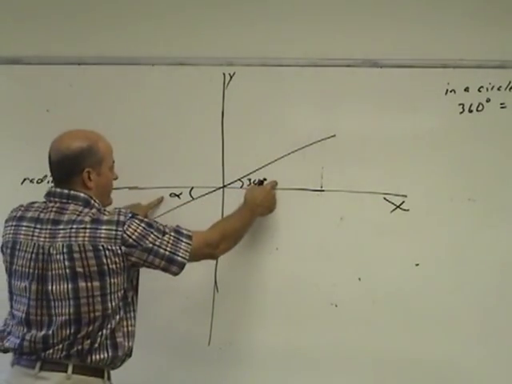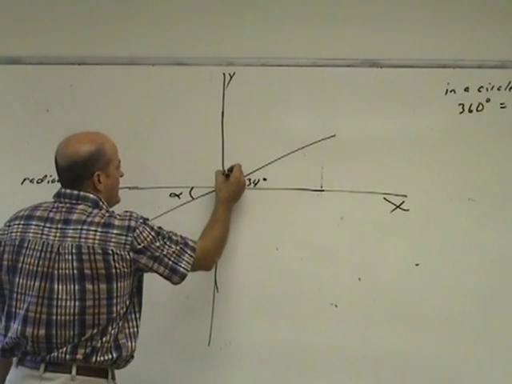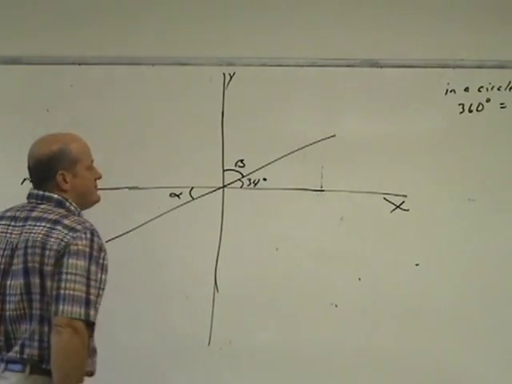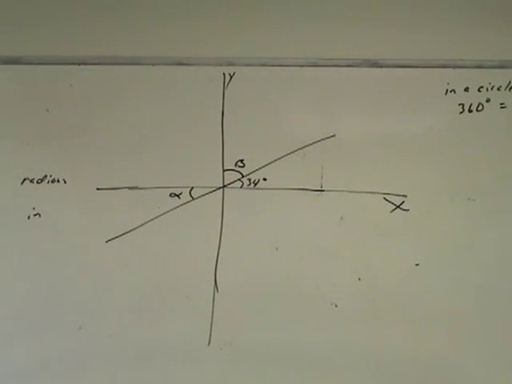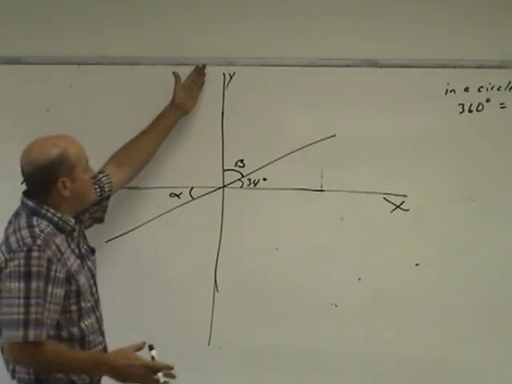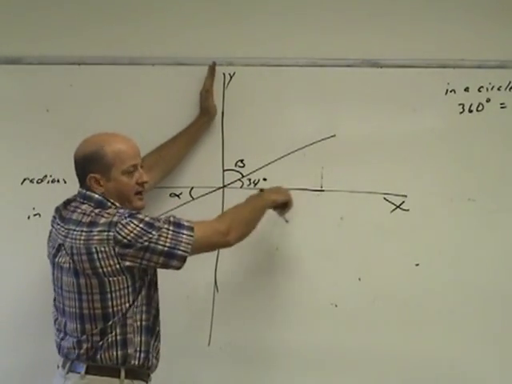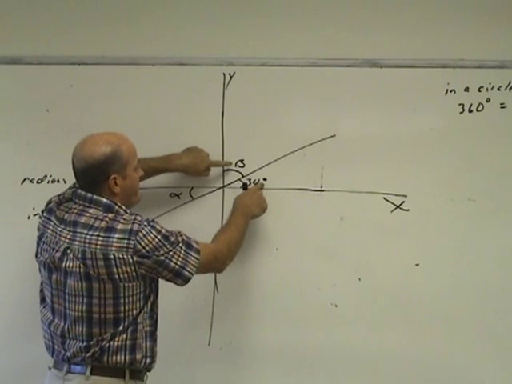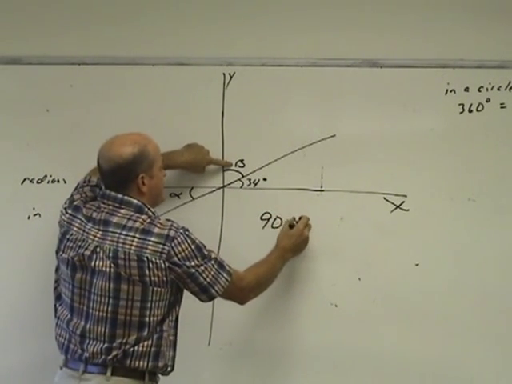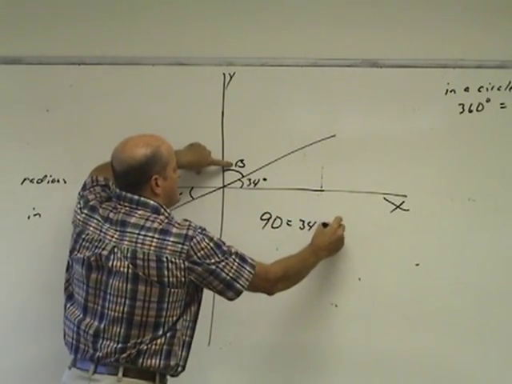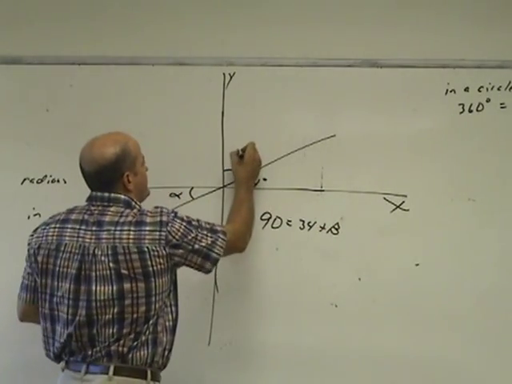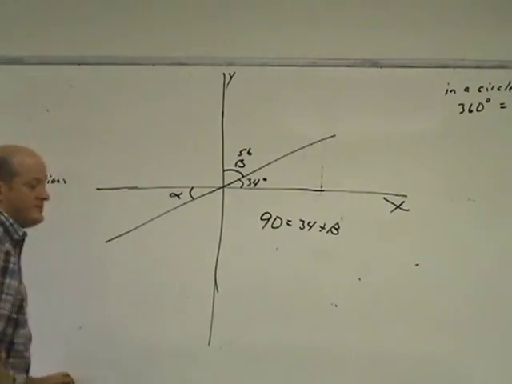Angles opposite each other are equal. How about this angle beta? 56, because you know that the two axes are 90 degrees. So 90 is equal to 34 plus beta. So beta is 56.